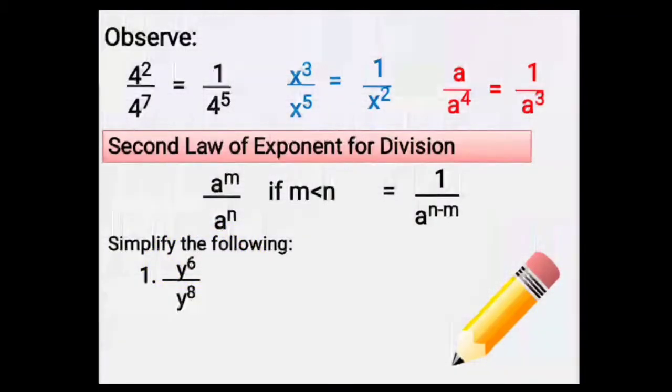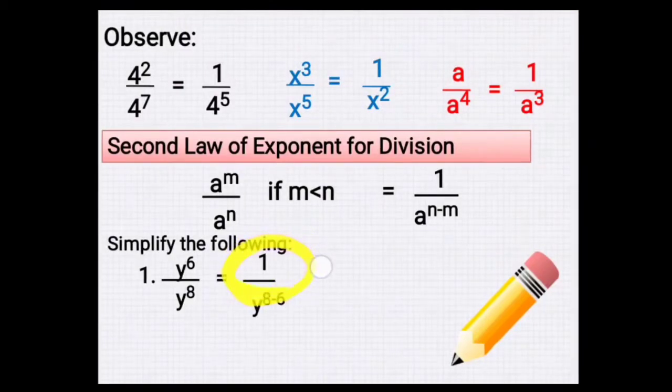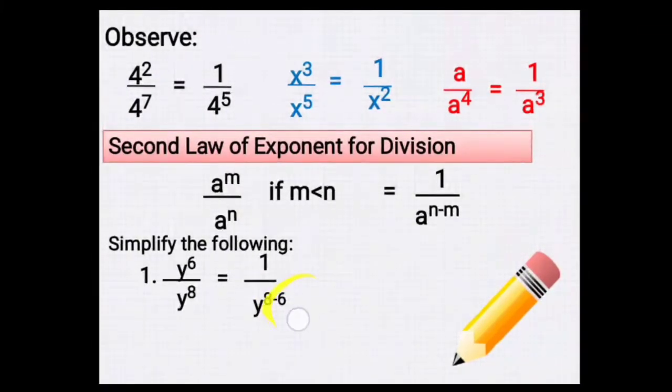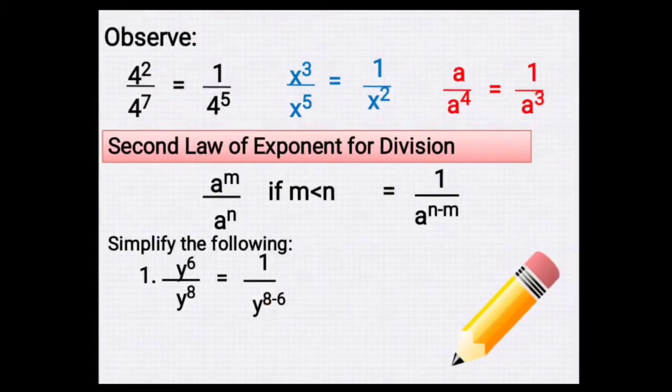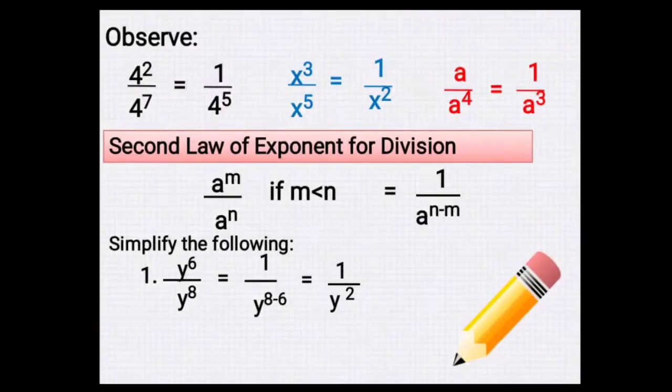In that case, our answer is in fraction form, wherein the numerator is 1, then the denominator is, copy the base, then raise to the higher exponent, which is 8, minus the lower exponent, which is 6. So simplify, y raised to the 8 minus 6 power, that is y squared. So our answer is 1 over y squared.